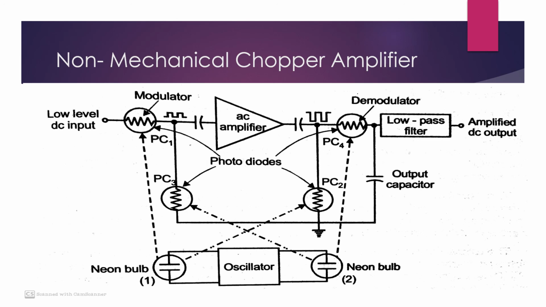Then this DC output voltage is passed through a low pass filter to remove any ripples and finally the amplified DC output is obtained. The transition time between the high and low resistance states of the photoconductor limits the chopping rate to a few hundred Hz, even though the oscillator can deliver a high frequency driving voltage.